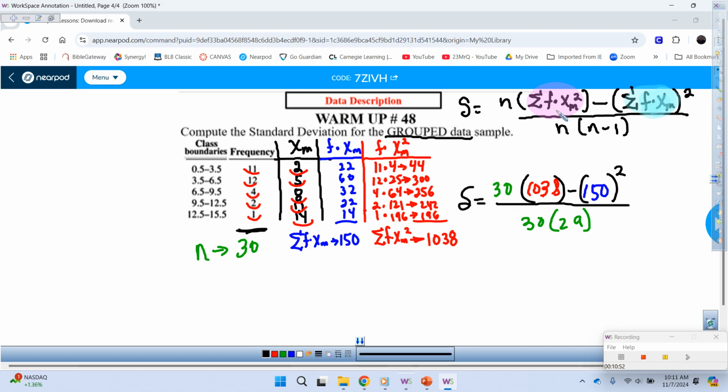This one? 44. This one? This? Oh, my bad, my bad. It's an S for sample standard deviation.